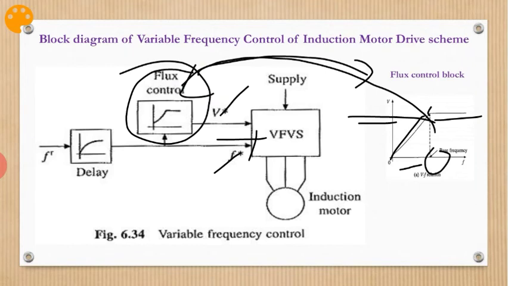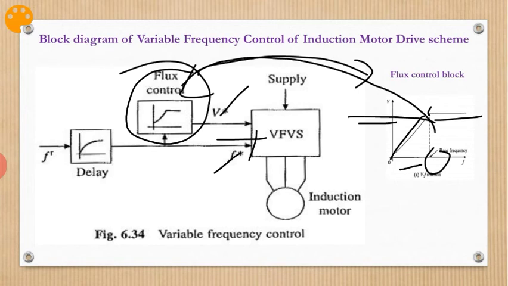This is necessary, as I already discussed, to keep the air gap flux constant. It should not go above the rated value, and it should not go below the rated value. If the air gap flux goes above the rated flux, what happens? Saturation will occur.